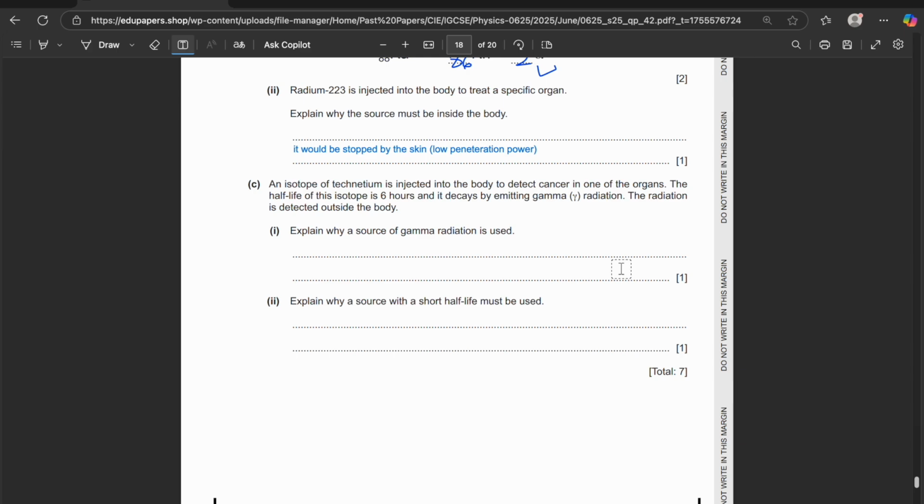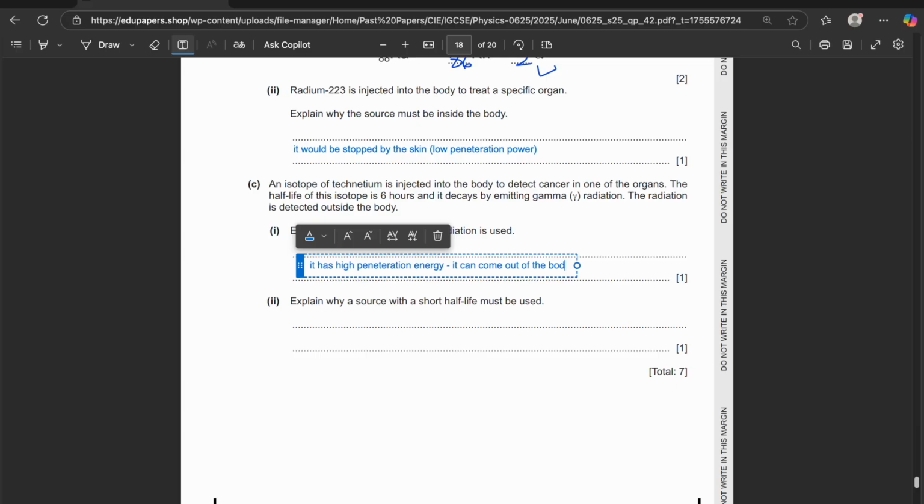It has to come out. For beta and alpha, it will just be stopped by the skin as mentioned. So it has high penetration energy, so it can come out of the body.